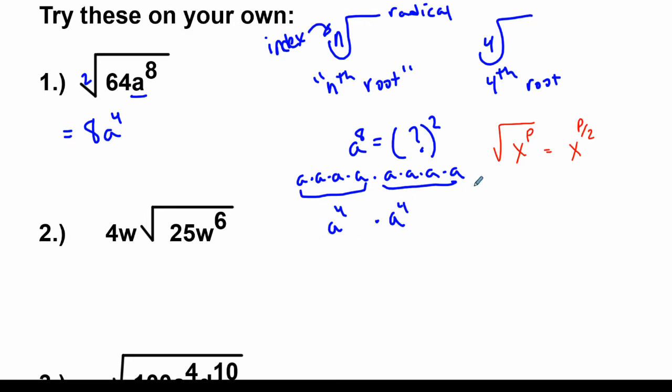To expand on that, if you have a root that's not a square root, like a third root, a fourth root, some nth root, you're going to divide the power of x by n. So for example, if I was taking the cube root of, let's say some number, we'll go x to the 9th.